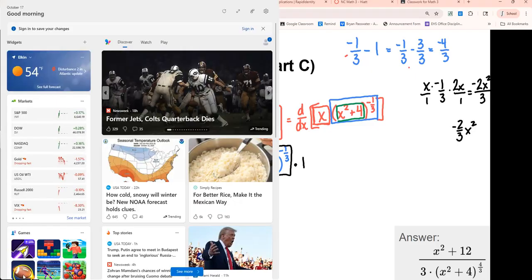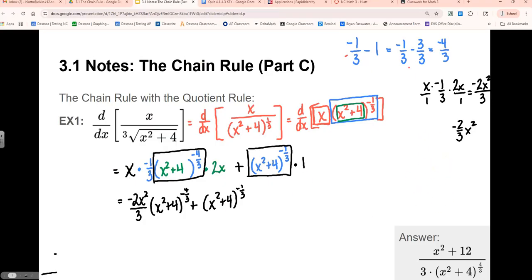So, now that I've cleaned it up, I can factor out the lowest exponent of these two things right here that are the same. So what's my lowest exponent on those? Negative 4/3. So if I do that, it'll look like this.